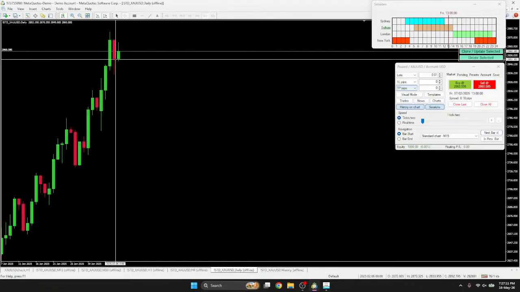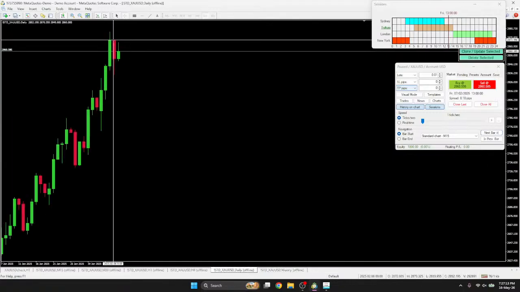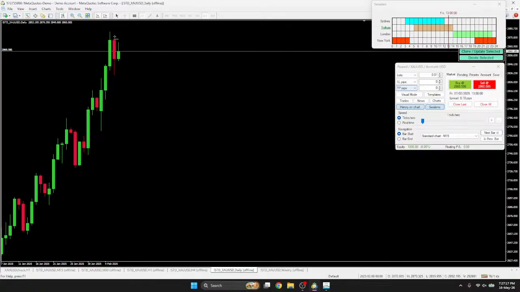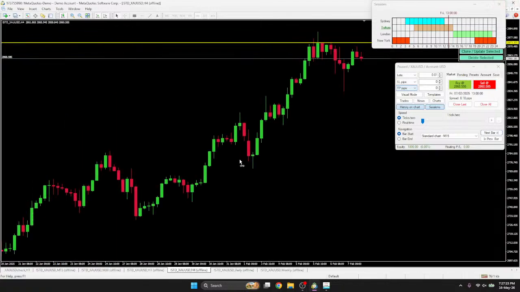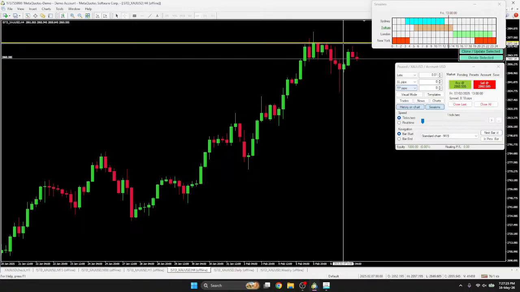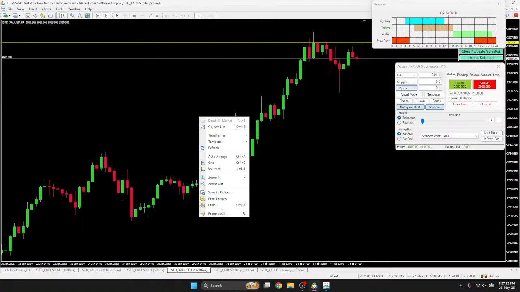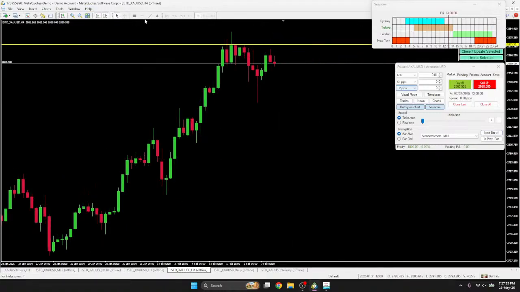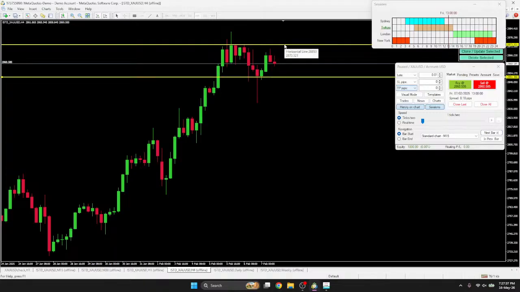If we look at daily, the previous daily closed bearish and the current daily is getting rejection from here. So this is an important zone. If we look at 4 hour, wow, 4 hour is getting rejection from this area. So let's mark the 4 hour support here. This is our 4 hour support area.